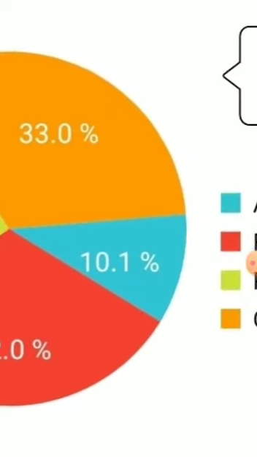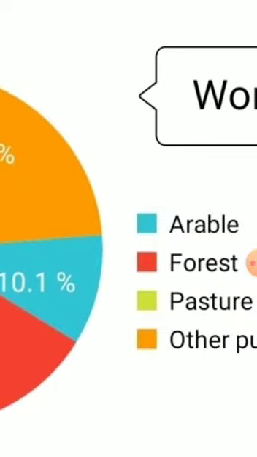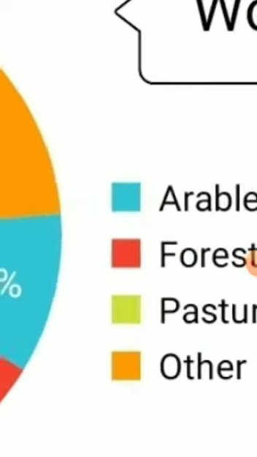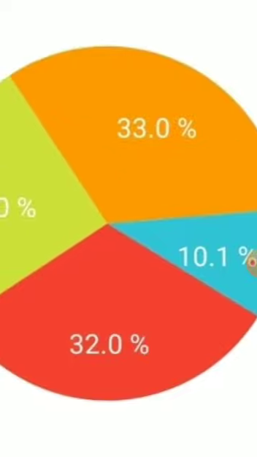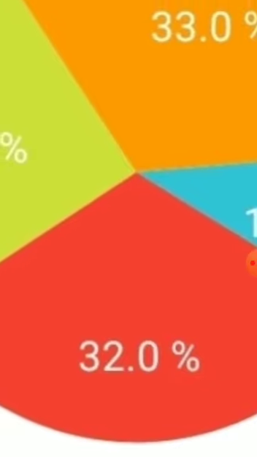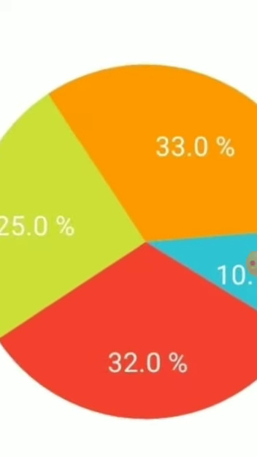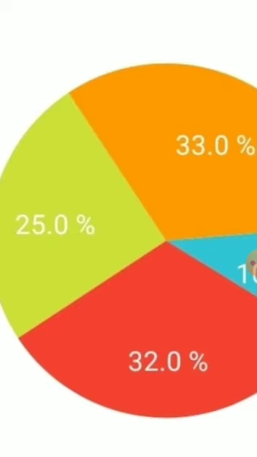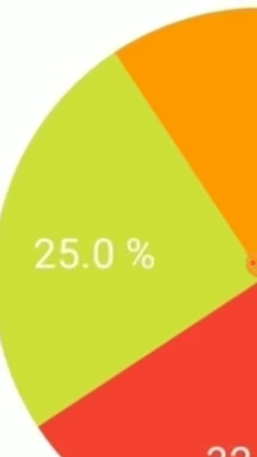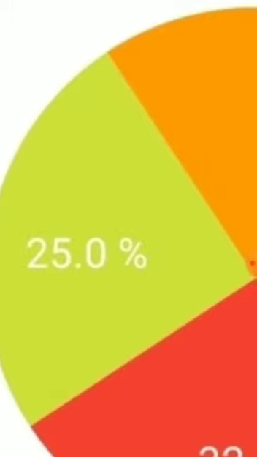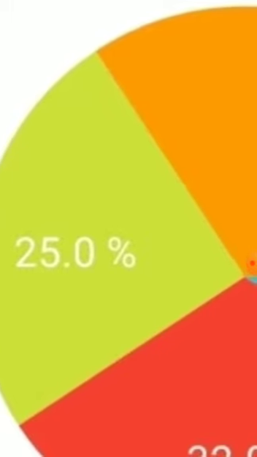Less than 1/3 of the world's land is under forest cover. That means, as per percentage, approximately 32% of land is under forest cover. We are talking about the world's land share. Now, as per your book, about 1/4 comprises pastures. That means 25% of world's land comprises pastures.